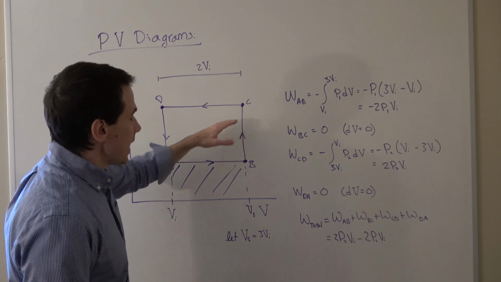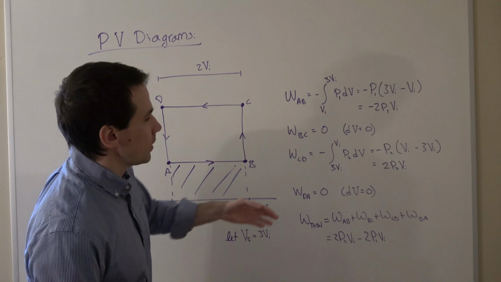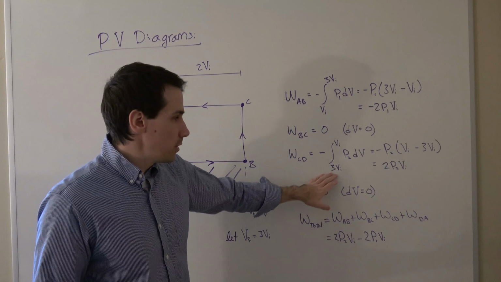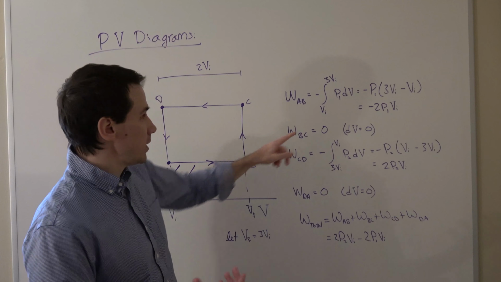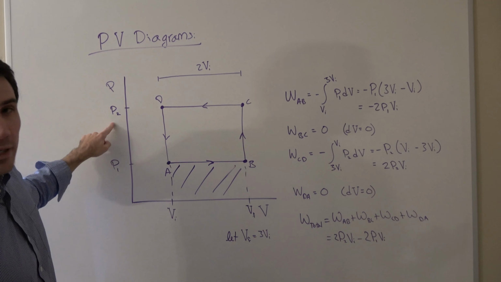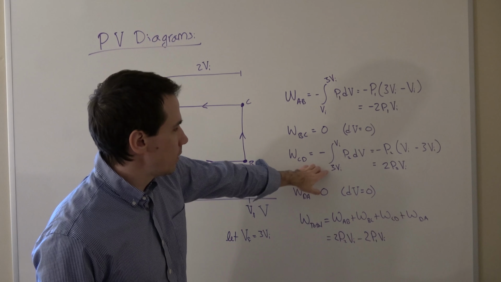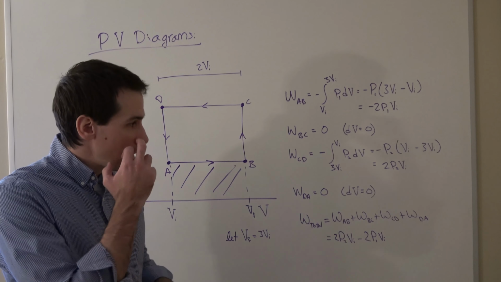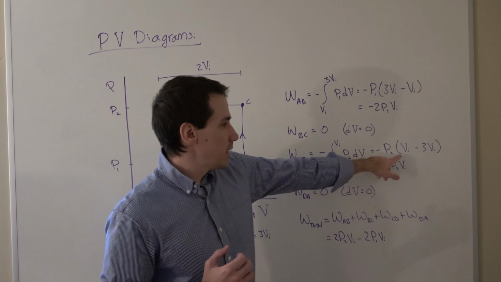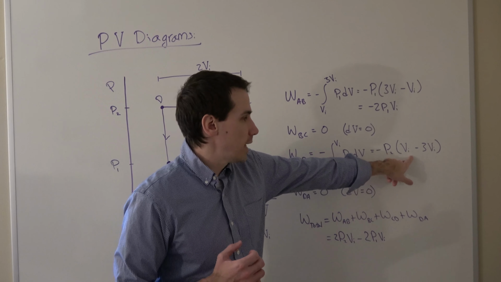Okay, next we go from C to D. From C to D, we do exactly the same integral, except that our pressure has changed. So instead of from A to B, we were at some pressure P1, now we're at some other pressure P2. We go from 3V initial back to V initial. And notice that because our final volume is smaller than our initial volume, we pick up an extra minus sign.